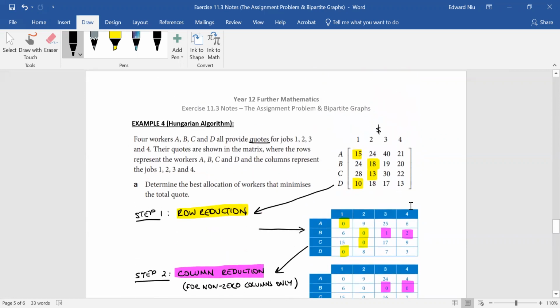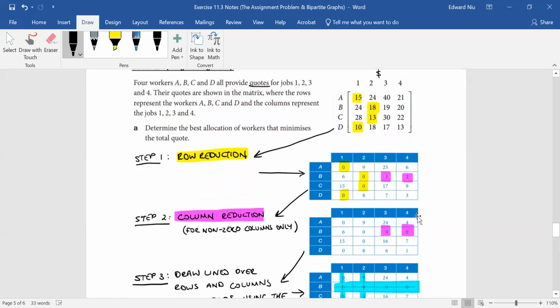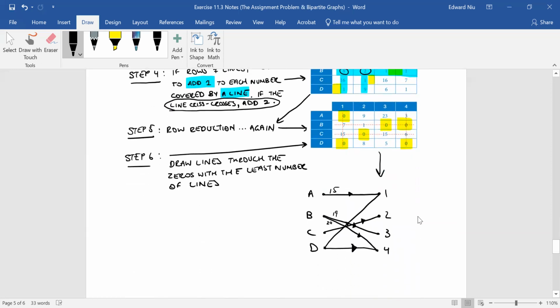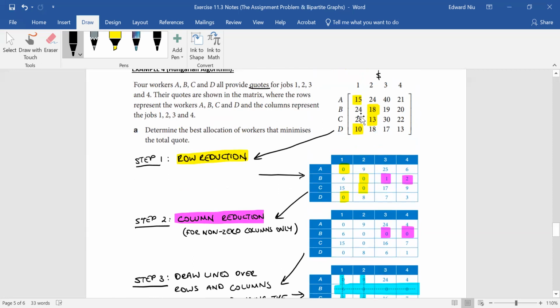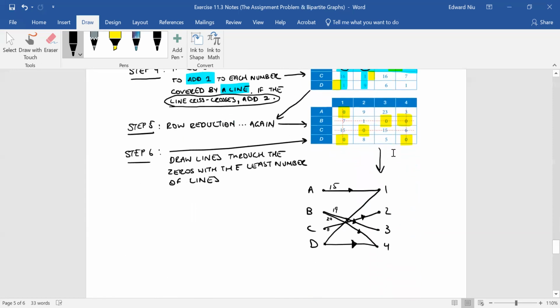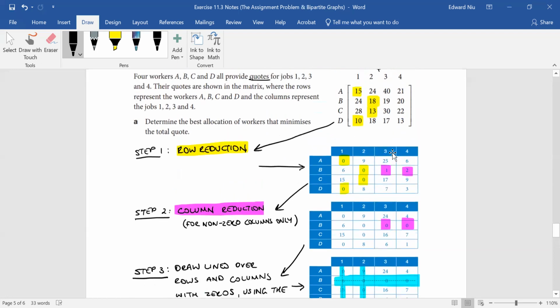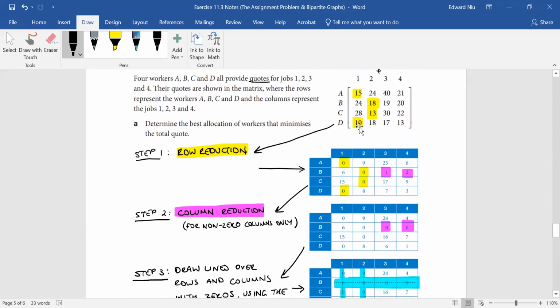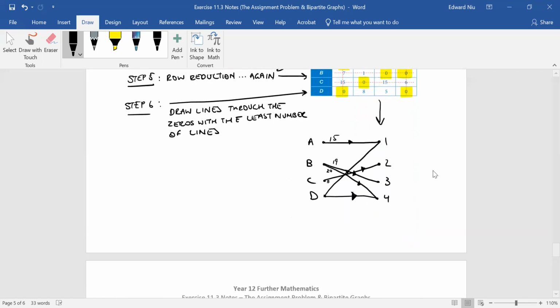C doing job 2 is $13. What's the other job C has to do? C can only do job 2. And then D can do jobs 1 and 4. So D can do job 1 for 10 and 13 for 4.